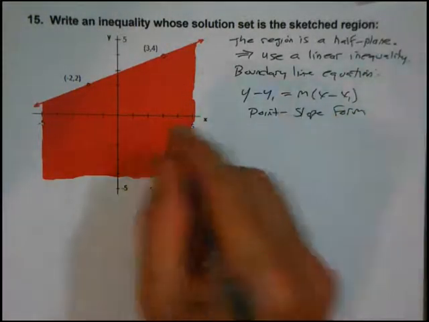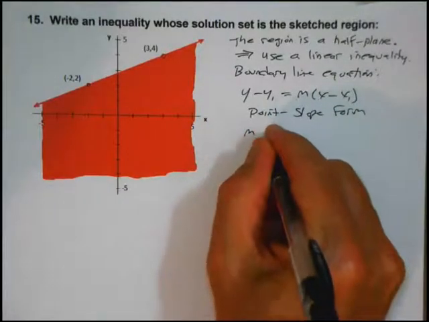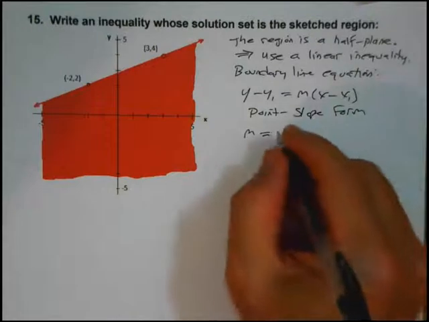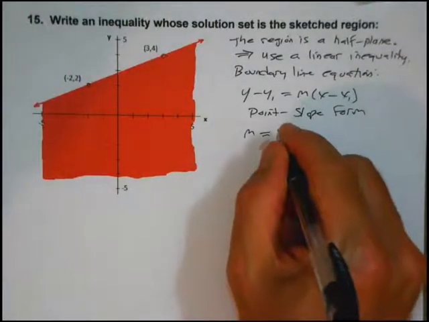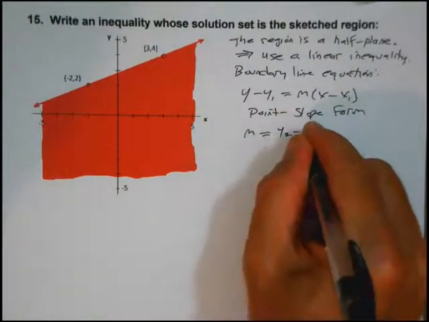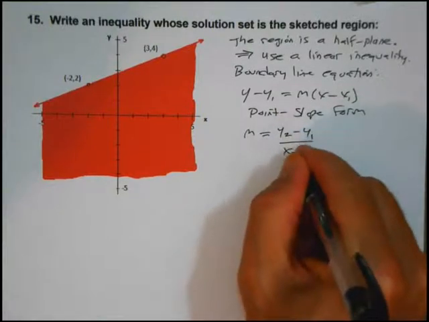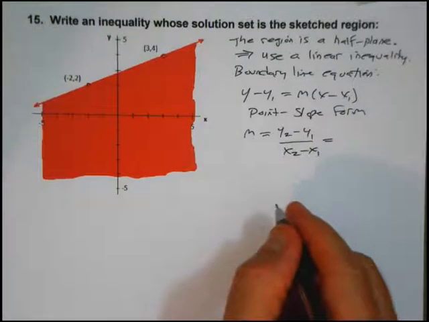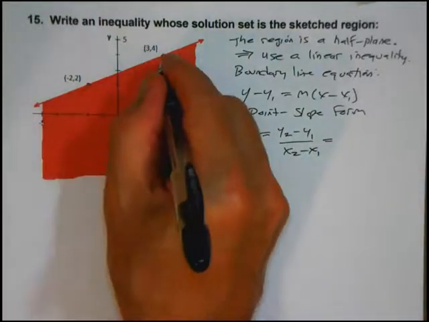Alright, well, let's see. Let's get m. Another formulation, the rise over run, or the change in y over change in x, would become y sub 2 minus y sub 1 over x sub 2 minus x sub 1. Okay, let's call this the first point and the second point.